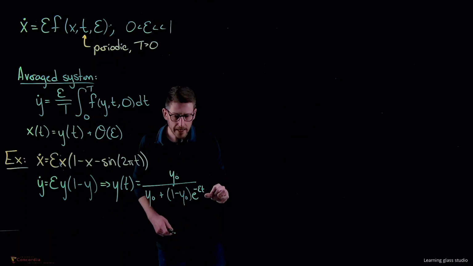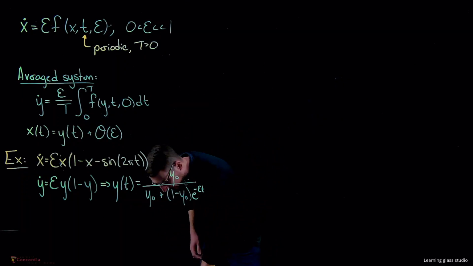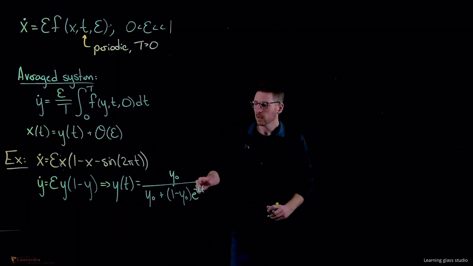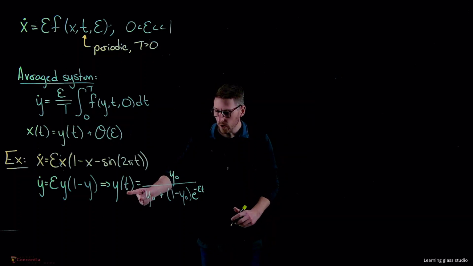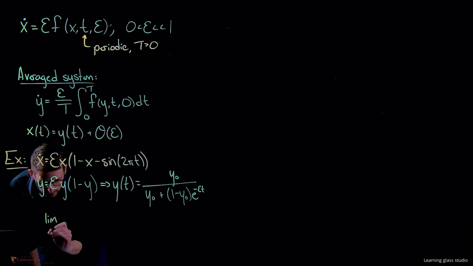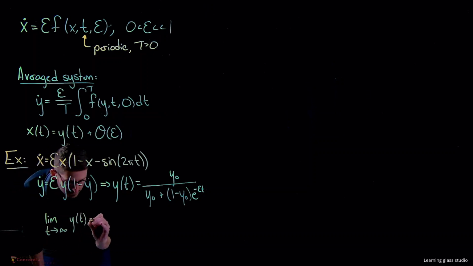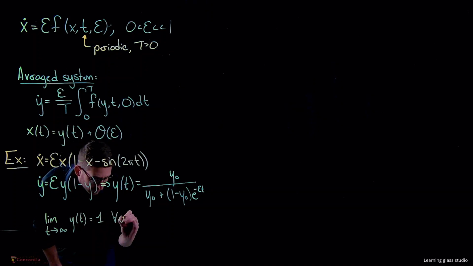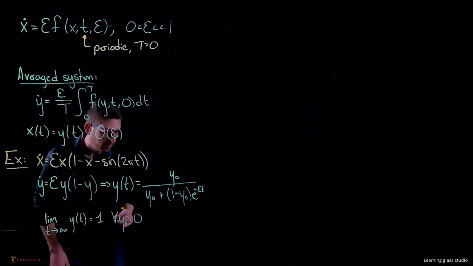Now, let's analyze what all of this information tells us, okay? First of all, the solution y of t, well, we can see that the limit as t goes to infinity of y of t is equal to 1 for all initial conditions that are greater than 0. Okay?